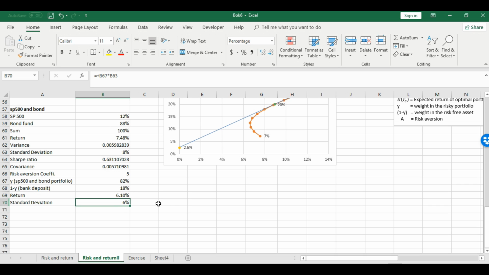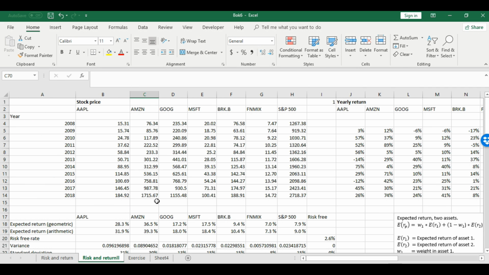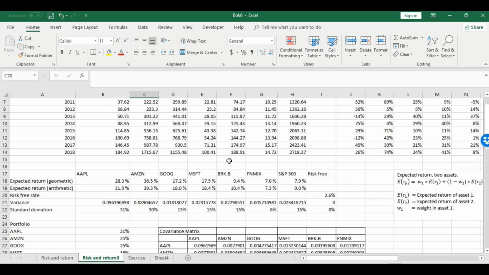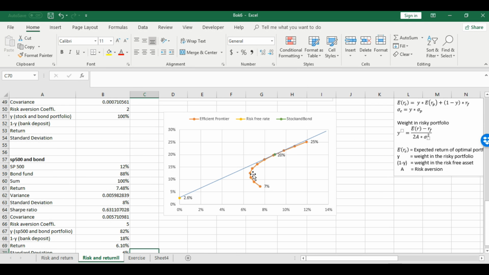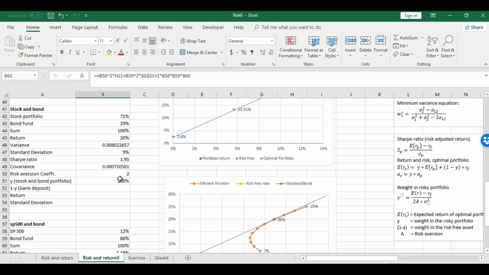In this video, we have included a bond fund in our portfolio. We constructed an efficient frontier and found the combination between the stock portfolio and the bond fund that gives the highest Sharpe ratio. And then we found an optimal allocation between the stock and bond portfolio and the bank deposit.